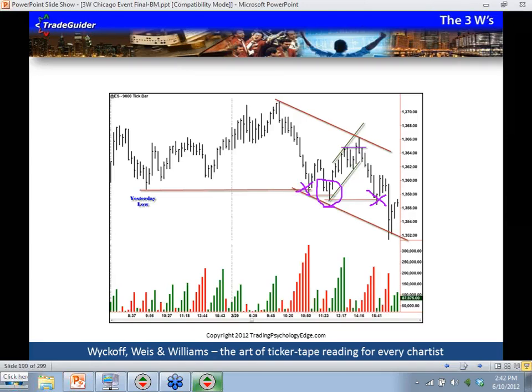Possibly here. But again, I think the odds are low on that because we failed to hold yesterday's high. We were up there and failed to hold it. That suggests that there's more supply in the market than there is demand.